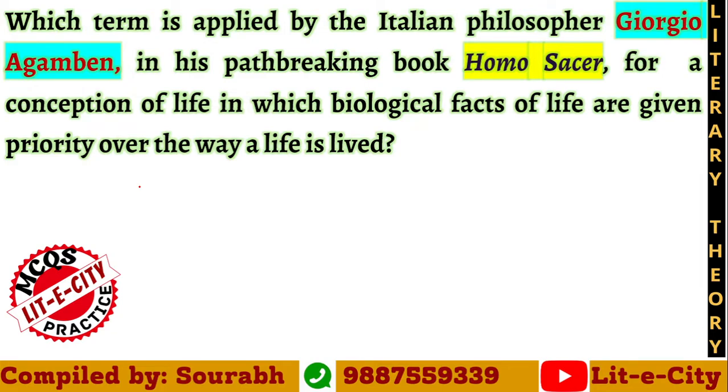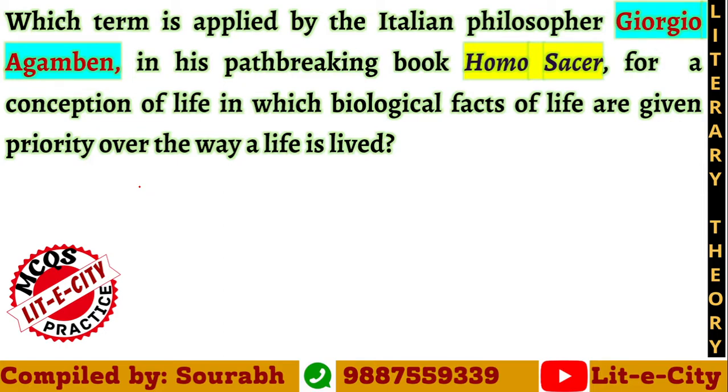Now, this is a very, very important book, Homo Sacer by Giorgio Agamben, and in this particular book, he says that once again, the Western concept of life, vital life as a body, has affected us, and what we do is think about our biological way of living, and we never pay attention to the quality of life we live.